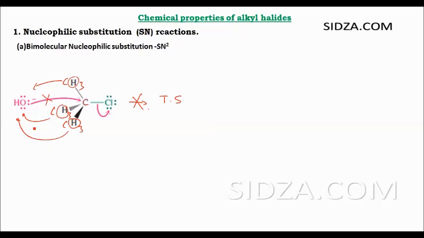If the size of these groups here is small, then hydroxide will approach. And what we find is the SN2 mechanism is possible only if you have a halogen and, suppose, 3 hydrogen atoms, meaning you have a methyl alkyl halide, or a 1 degree alkyl halide.